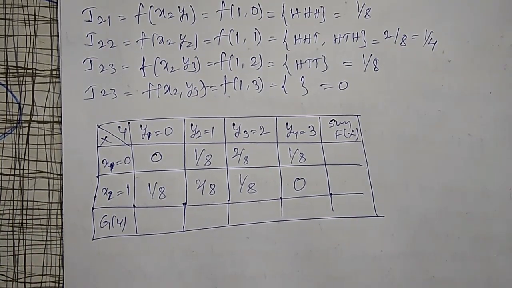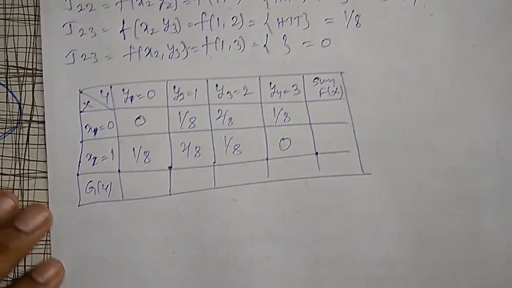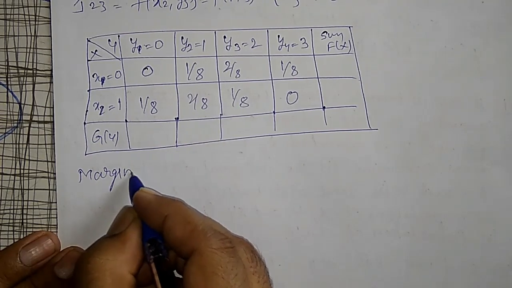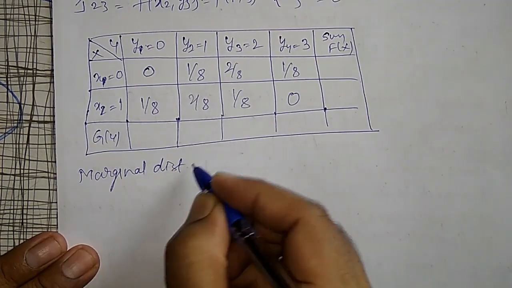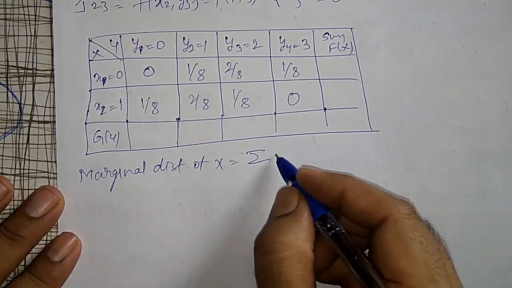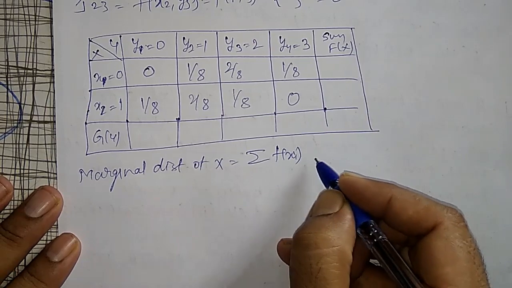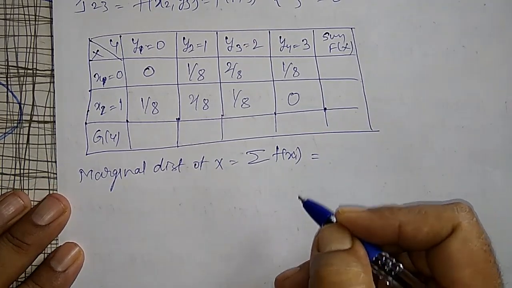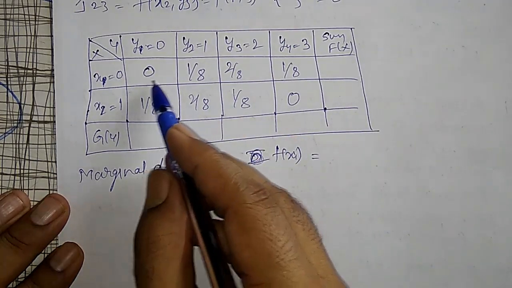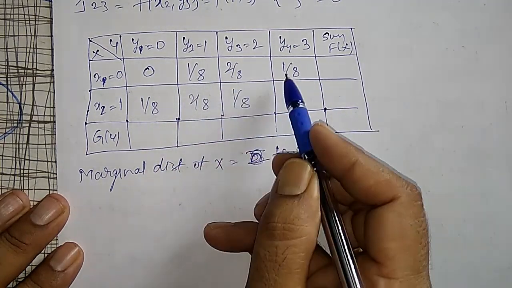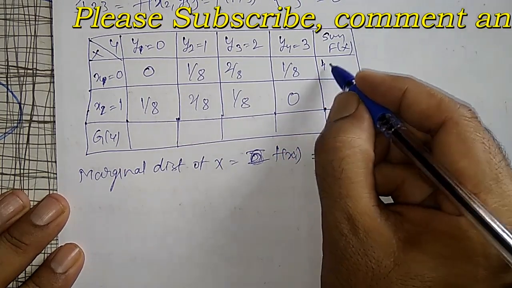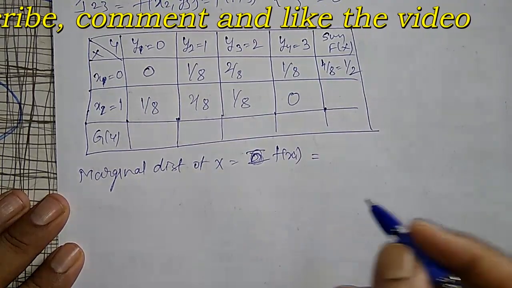Using this, I have to find out the marginal distributions. Marginal distribution of x is equal to the sum of all f of xi's. Sum of all these f of xi values. Sum of the first row, 1 by 8, 2 by 8, 1 by 8, total is equal to 4 by 8, which is equal to 1 by 2.